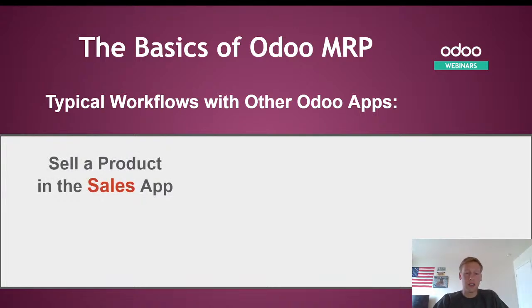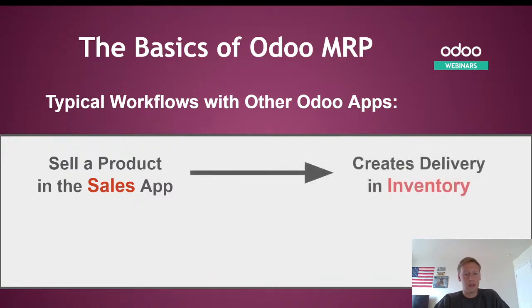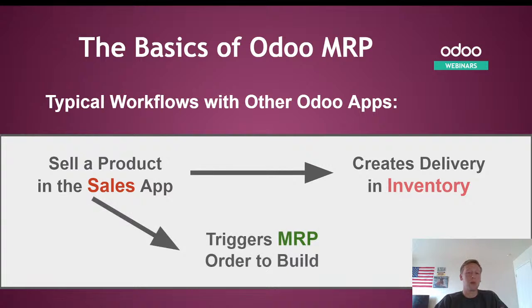We'll sell a product in the sales app, and what will that do? It will create a delivery in inventory, and at the same time, it will trigger a manufacturing order to build that finished product in the MRP app, right? And once we're done with that, it will fulfill our delivery in inventory, and we'll be able to finish our delivery and deliver the finished product to the customer.